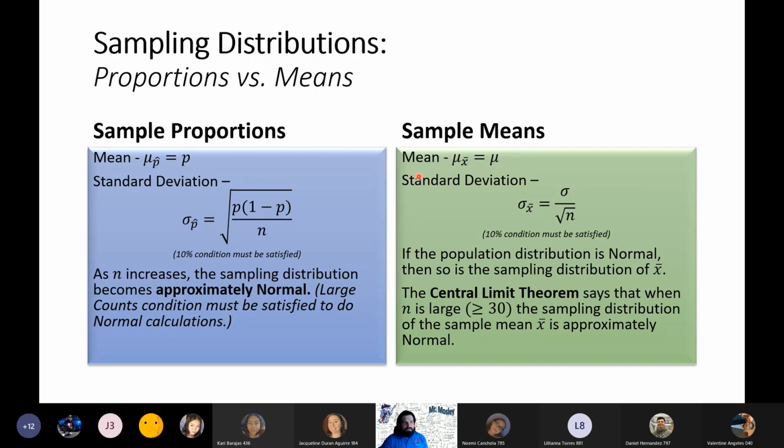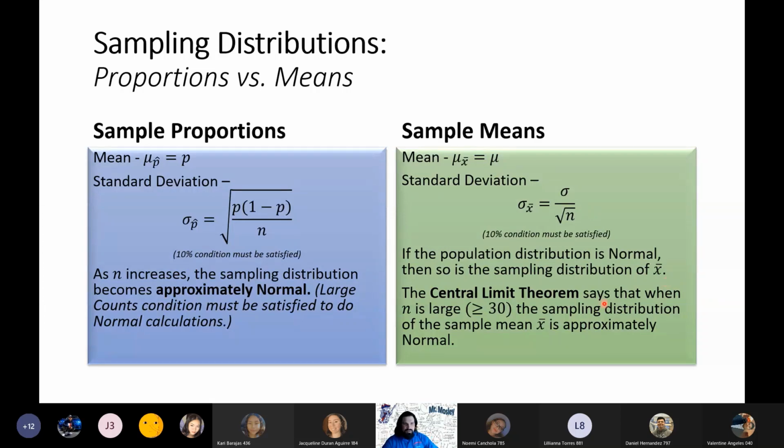For sample means, the mean of the sampling distribution is the mean of the population. The standard deviation of the sample mean, as long as the 10% condition is satisfied, is the standard deviation divided by the square root of n. n is again the sample size. If the population distribution is normal, then so is the sampling distribution of x bar.